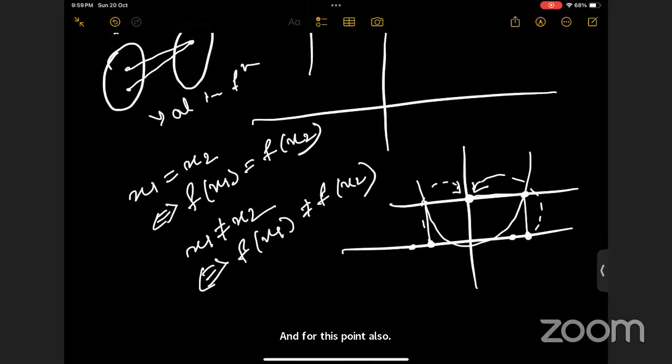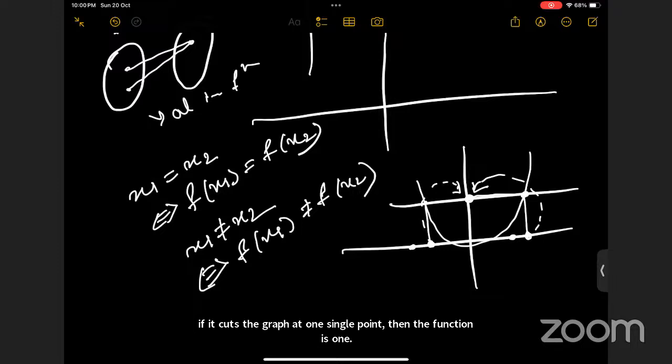That means we are taking two different points from the domain, and the image is the same under the map. That means the function is not one-one. The graphical test is the horizontal line test. If you draw a horizontal line and it cuts the graph at two different points, or two, three or four, whatever, then you can say this is not a one-one function. And if it cuts the graph at one single point, then the function is one-one.